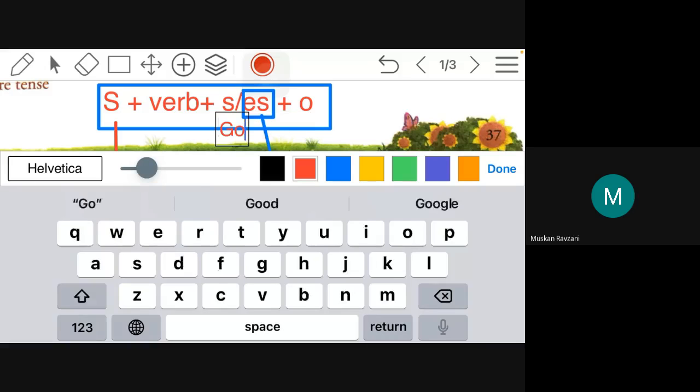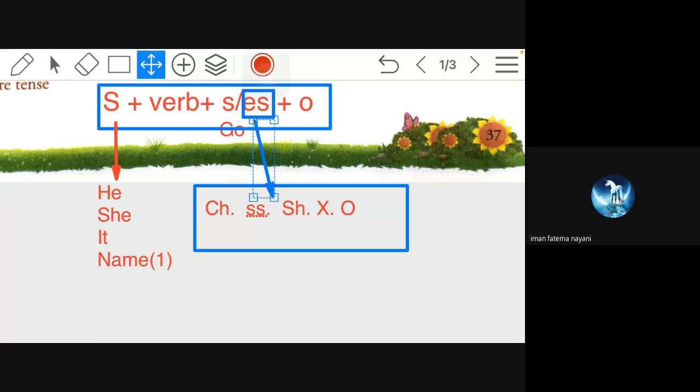Okay, Iman Fatima, sorry, I moved this cursor. What is the word? Go. It is ending with o. O is there in the list. Then if it is ending with o, what do we have to add? Es. So go will become goes. We speak, no, goes. He goes to this. She goes to that. So now you know when to add s or es.